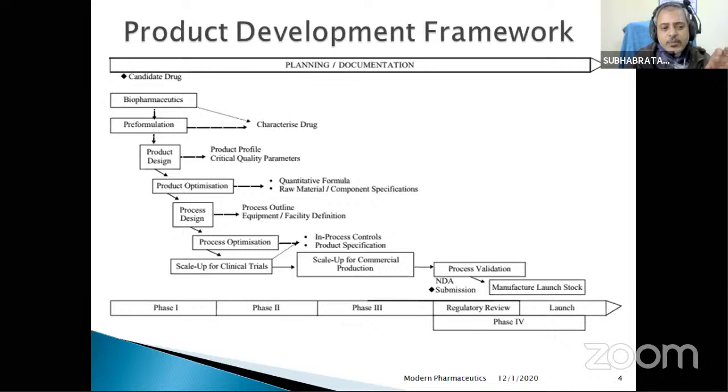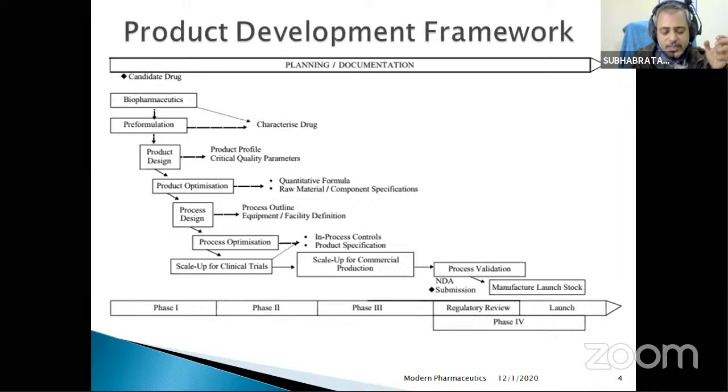Because sometimes the company may not be the innovator. Maybe some university department has first worked with the preclinical part of the work of the API. So in that case they might not be interested to know about the pre-formulation.